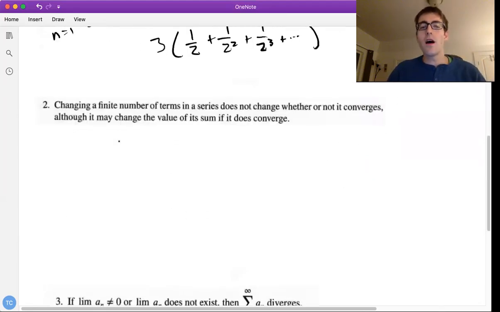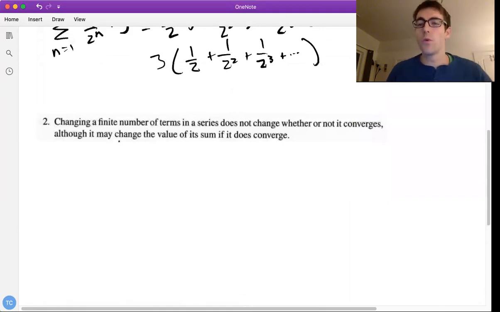I want to also talk about why Rule 2 works. Changing a finite number of terms in a series does not change whether or not it converges.